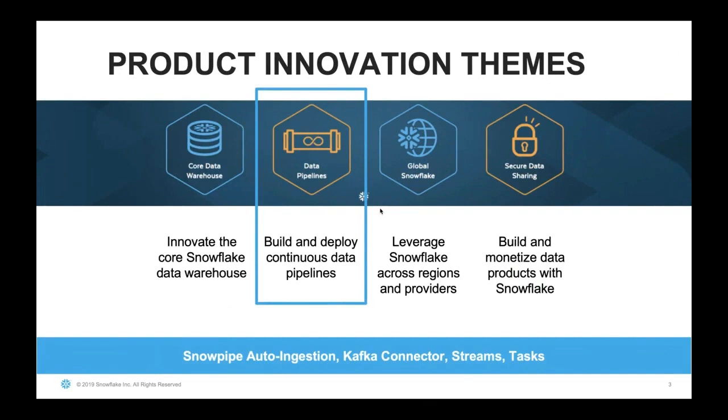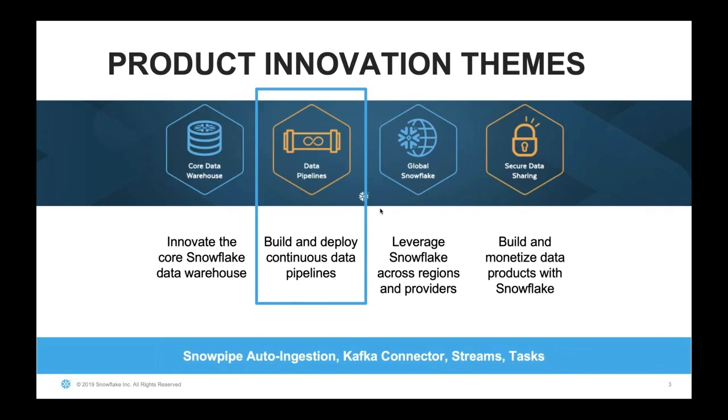Data pipelines is a new capability that was announced a few months ago in Snowflake. And when you look at our product innovations, they can be categorized into 4 different themes that we are really focusing on. Obviously, we're a cloud data warehouse, so we're putting a lot of effort and energy into innovating in that space, and adding new features and functionality on a regular basis. We are committed to making Snowflake global.